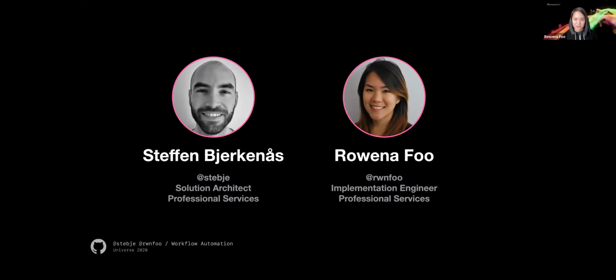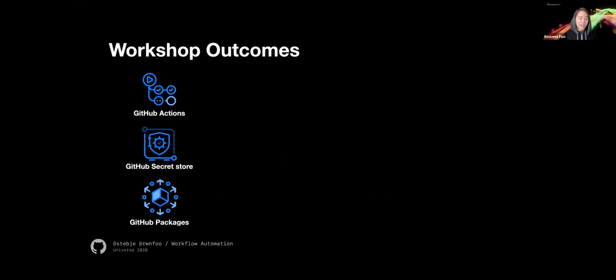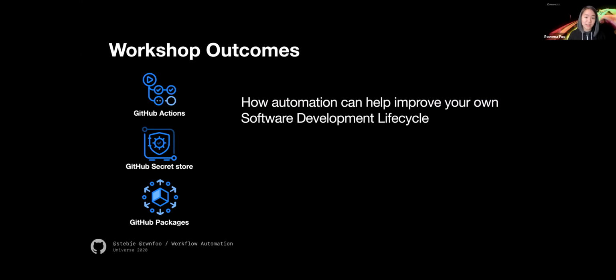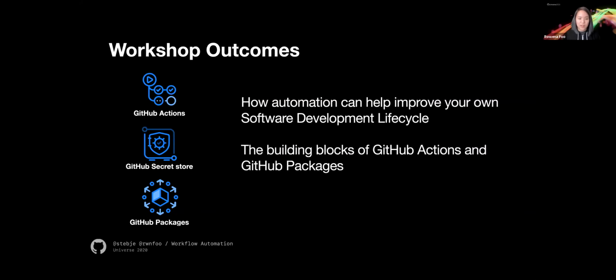All right, awesome. From today's workshop, we hope to achieve a few outcomes. The first one being, we hope to help you understand how GitHub Actions and packages can fit into your software development lifecycle, and how it can add value to it. We also hope that you can come away with a better understanding of the components that make up GitHub Actions and GitHub Packages.